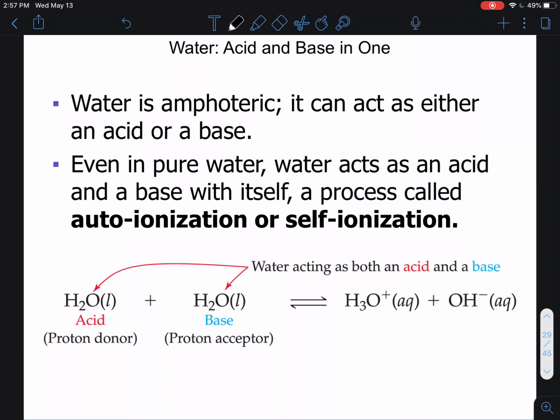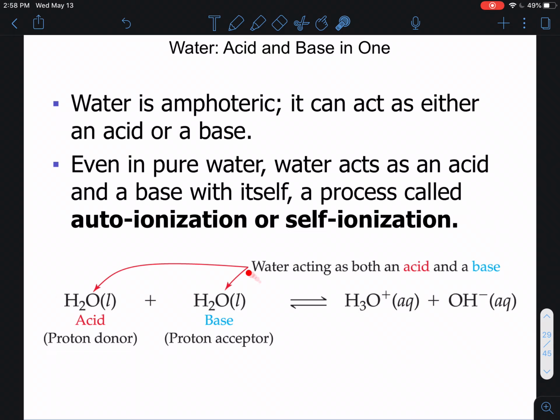So I just mentioned that water can act as either an acid or a base, and that's true even with itself. In pure water, where there's nothing else in there, water acts as an acid and a base with itself. This process is called autoionization or self-ionization of water.